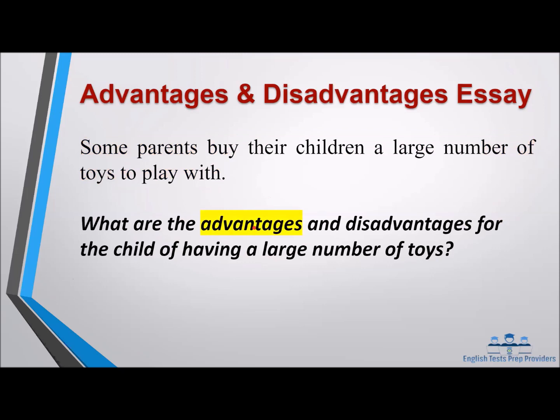What are the advantages for the child of having a large number of toys? Next, disadvantages for the child of having a large number of toys. So IELTS candidates, you really have to keep in mind that your essay should present at least a minimum of two advantages and two disadvantages.